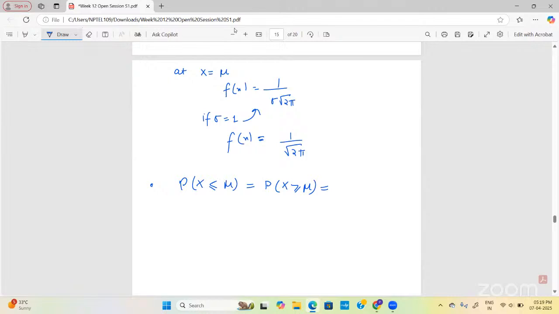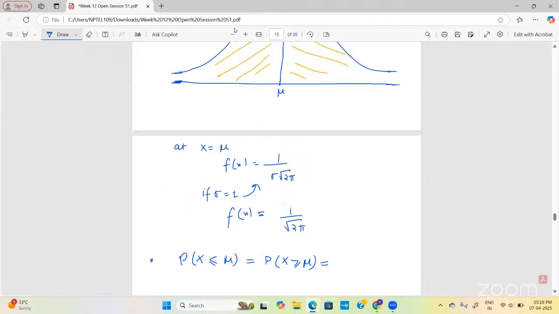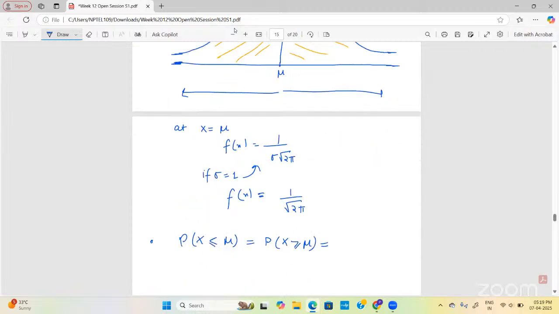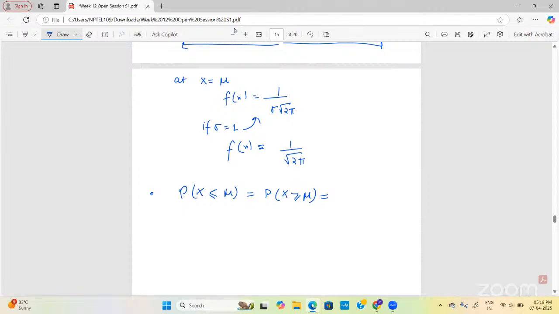Now you can tell me what should be the value of it. This is less than mu and this is greater than mu, and these two regions are symmetric to each other. So can you guess the value of this probability? Is it 0.5, or we can write 1 by 2.